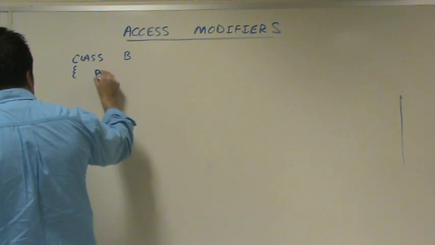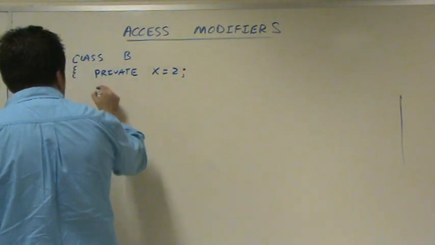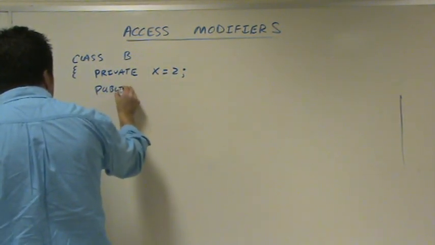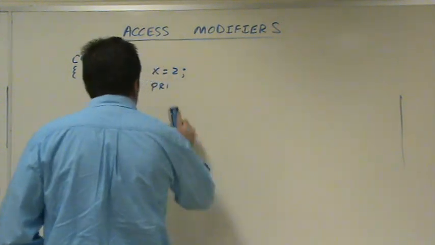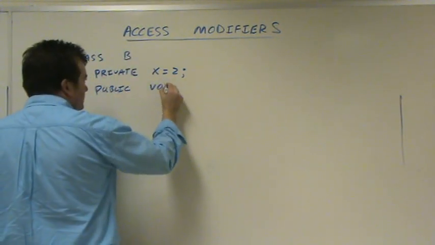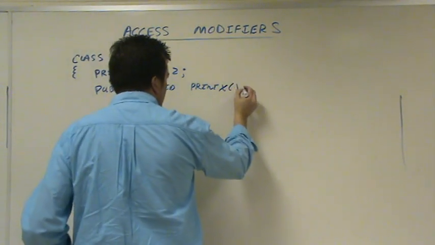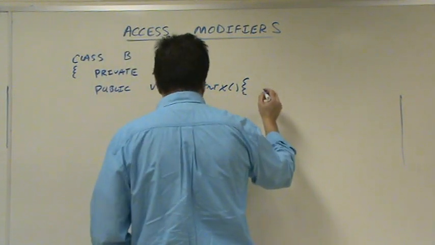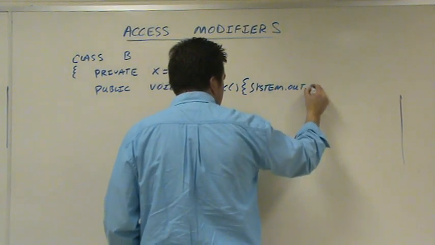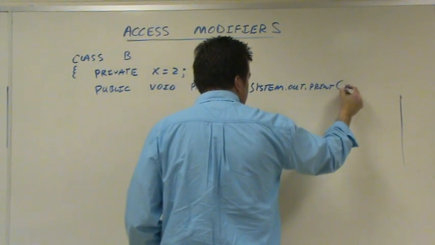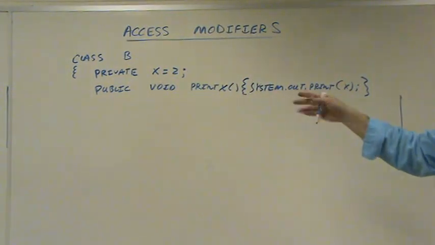Let's say we had a private field x equals 2 and a public method print x, which is a method that does this. Okay, so we have a public method that prints X, but X is a private variable.